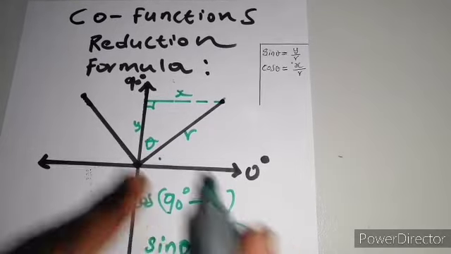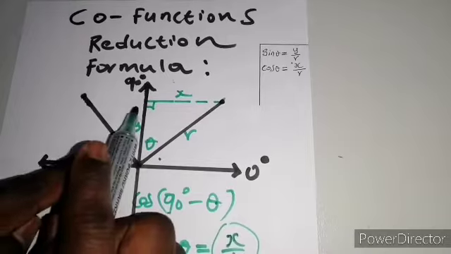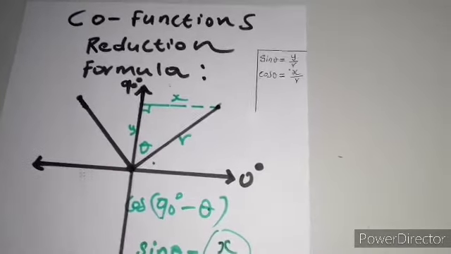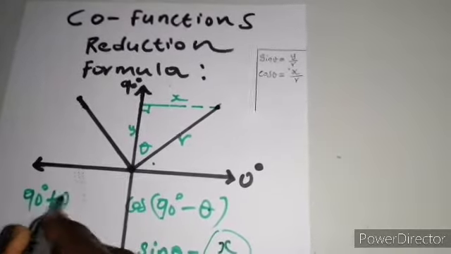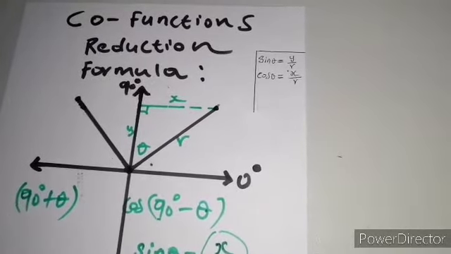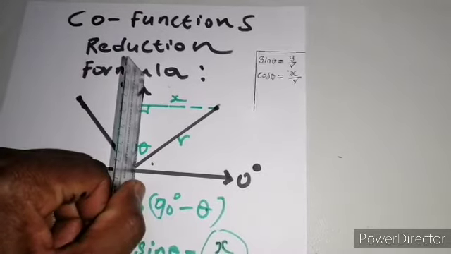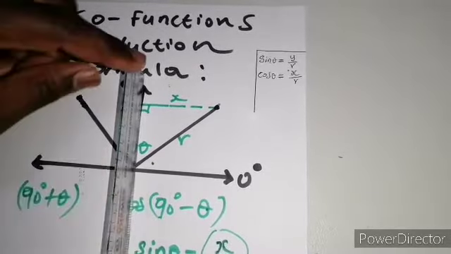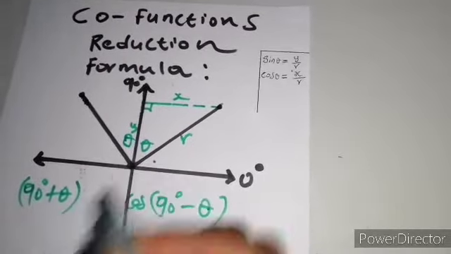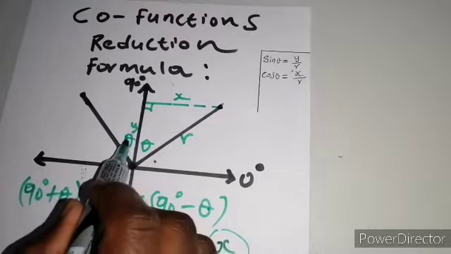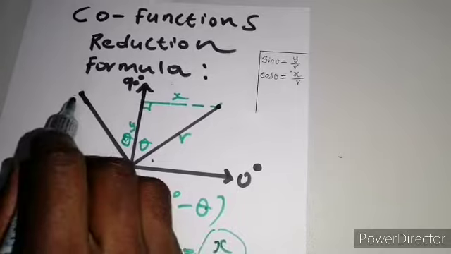Again in the second quadrant, the very same thing applies. Don't be surprised when we find 90 plus theta. Now the definition of 90 plus theta. If the arm is rotated and we complete 90, and now they say add theta, then we're going to add theta. That theta will be here. This is not a reference angle. Remember, the reference angle is the angle between the x-axis and the arm.